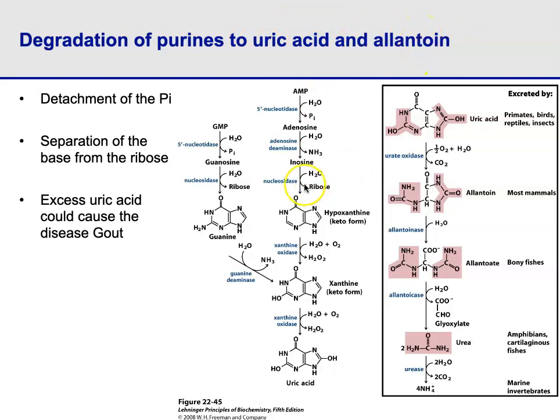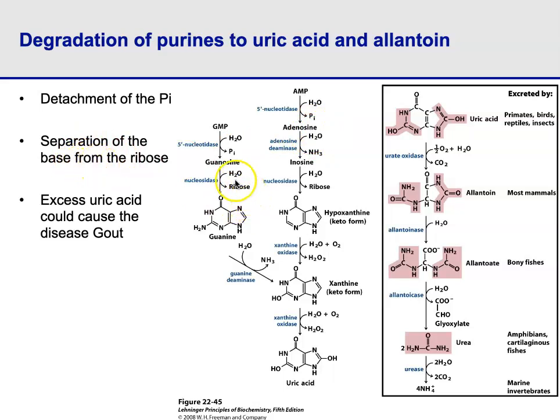So in terms of the degradation, we follow the following major steps. Starting from GMP or AMP, the first thing that happens to these nucleotides is the inorganic phosphate is removed. Then the base is separated from the ribose.